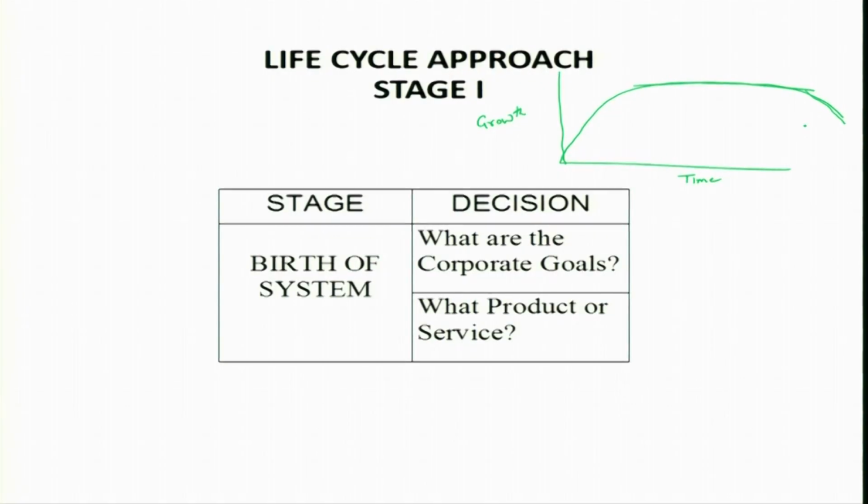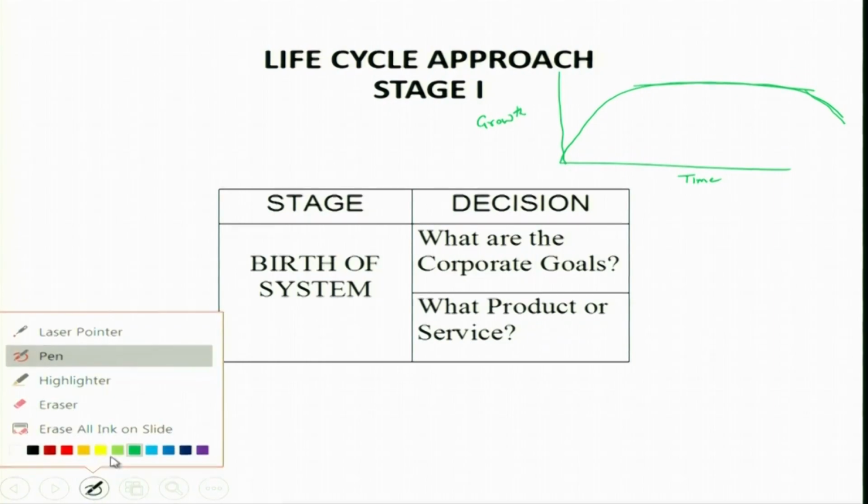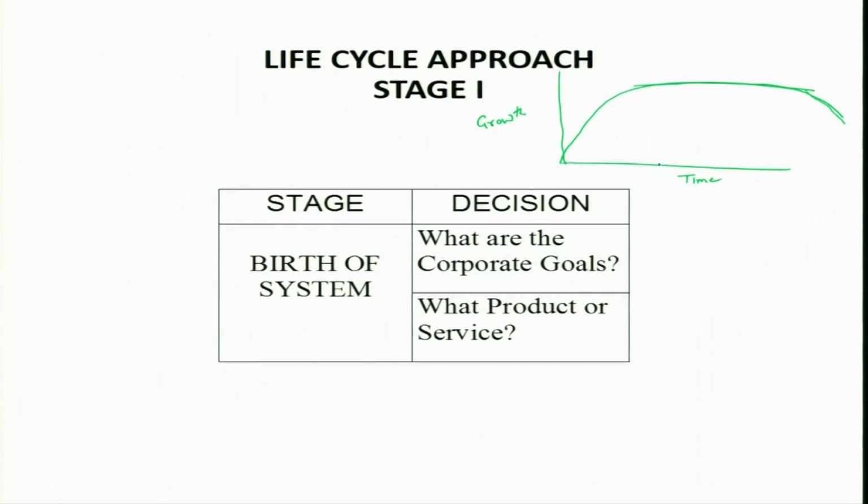Though the product follows this graph, to maintain the growth of your organization, at some time you launch a new product by the time the first product is phasing out. So, an individual product may have a certain lifetime, but your organization may survive for a few decades and centuries. That is the concept here. We will see for one particular product what the various stages of its life are, and what the important decisions and considerations are at each stage of the product life cycle.